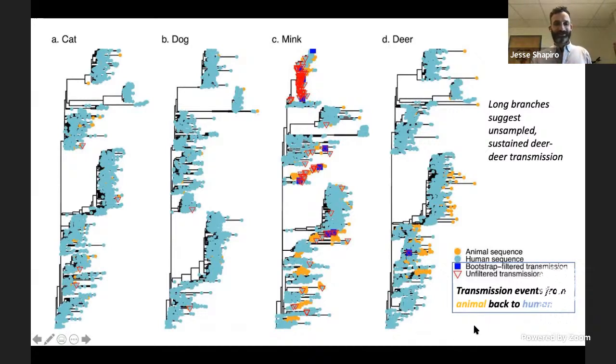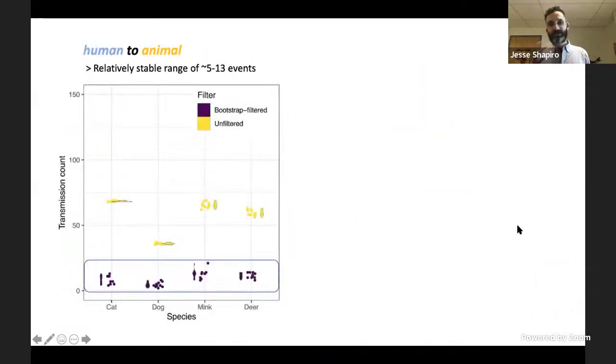Okay, so these trees are a bit hard to read. They give you an idea of what we did, but this is just to be more quantitative and count the events. So this is a plot of the number of inferred transmissions from human to animal, okay? In the human to animal direction for each of the species. And this is showing the 10 different replicate trees, so we get a bit of an idea of the phylogenetic uncertainty.